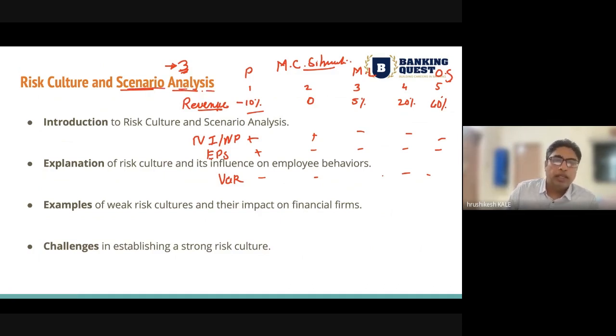Okay. Then explanation of risk culture and its influence on employees' behavior. So nowadays there is a new culture coming up in corporate culture wherein every person in the financial industry must take a complete 1 month vacation at a stretch.